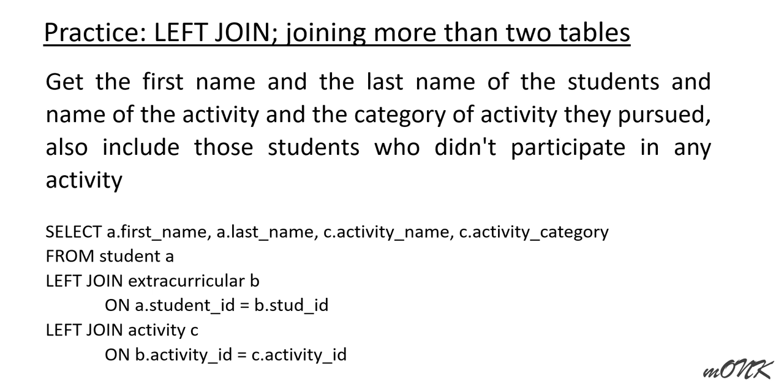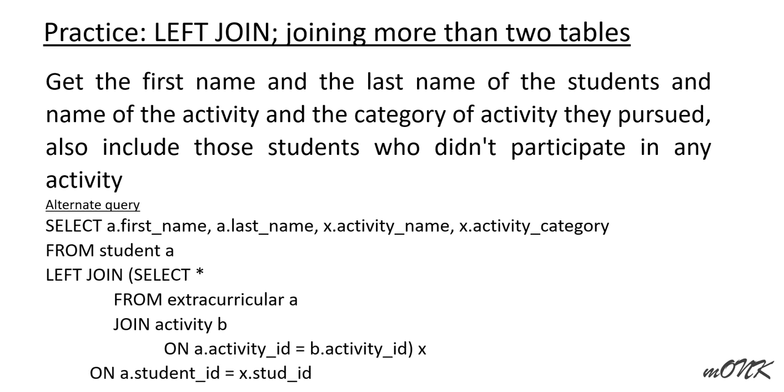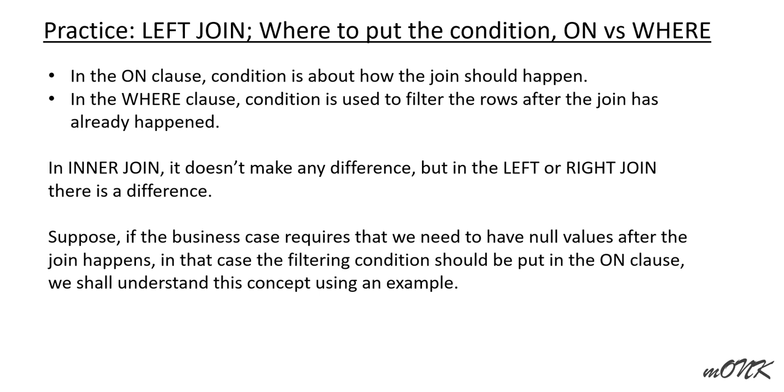So we did joining more than 2 tables while making left join. One important criterion: we can put a condition in ON as well as WHERE, but there is a difference in what it does. The condition put in the ON enables the join, it is the basis of the join, whereas the condition put in the WHERE clause is the basis of filtering the rows once the join has already happened.